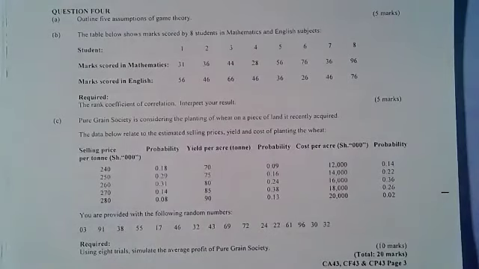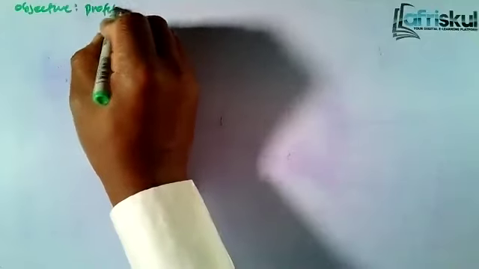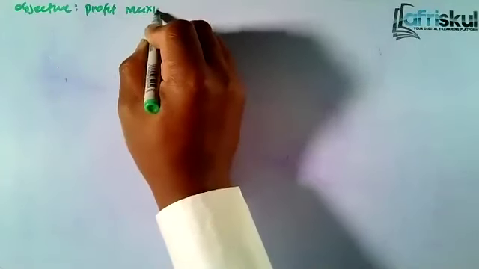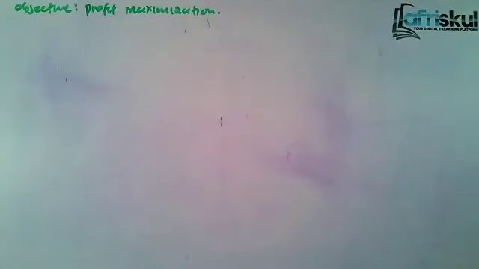And step number 1, let's go back to the steps. Step number 1, we said you have to identify the objective. Our objective is profit maximization, because you are told to determine the average profit, so automatically you know it is profit.